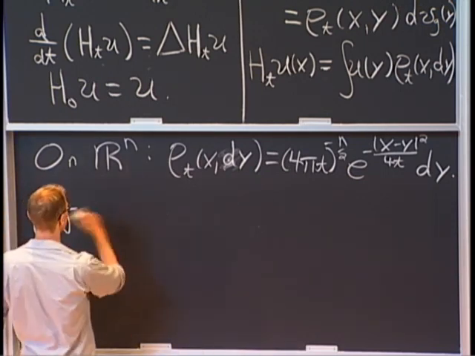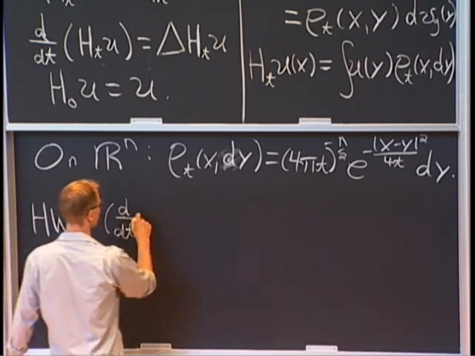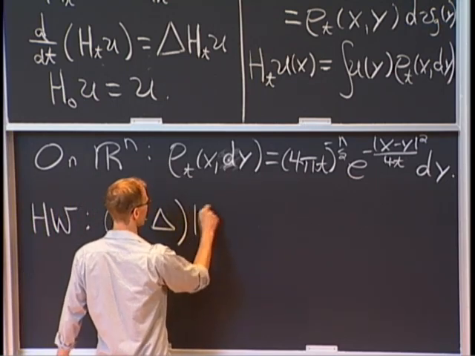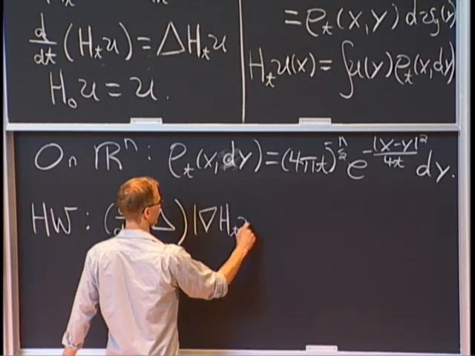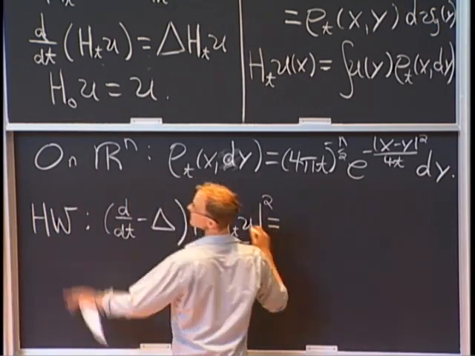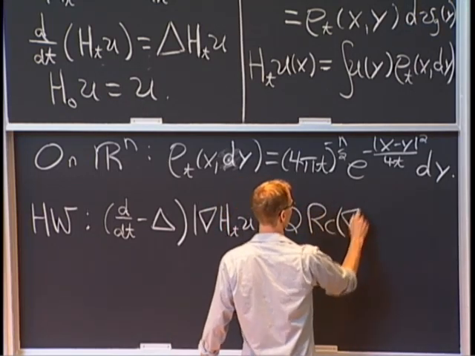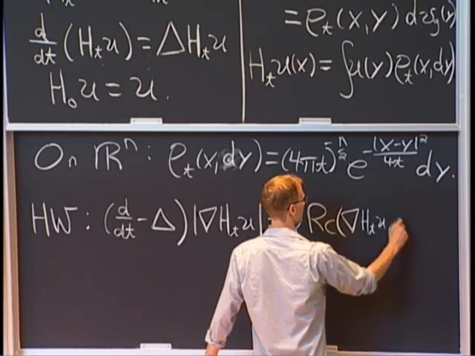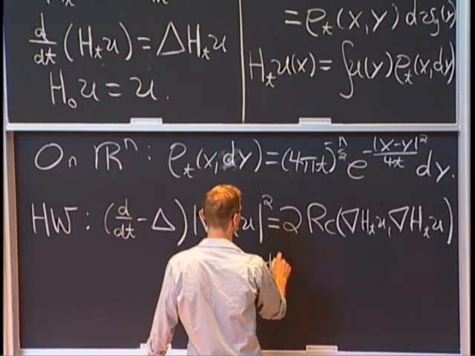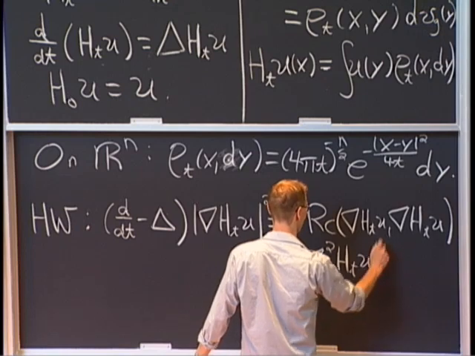What you can say is that the heat operator, d/dt, applied to the solution at time t, well, that's equal to, same thing, 2 times the Ricci of the gradient of H_t u, plus 2 times the Hessian of H_t u squared.